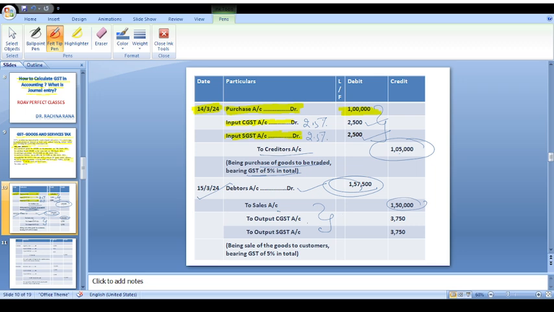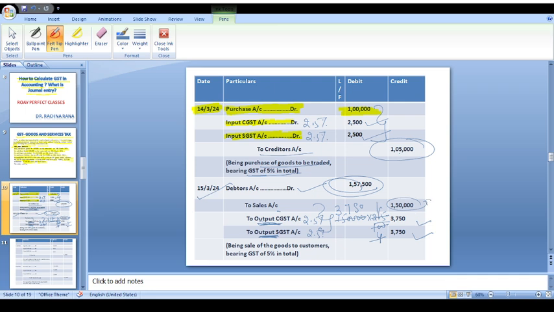And when we write GST with the sale, we write Output: To Output CGST, To Output SGST, at 2.5% each. 1,50,000 multiplied by 2.5% is equal to 3,750.